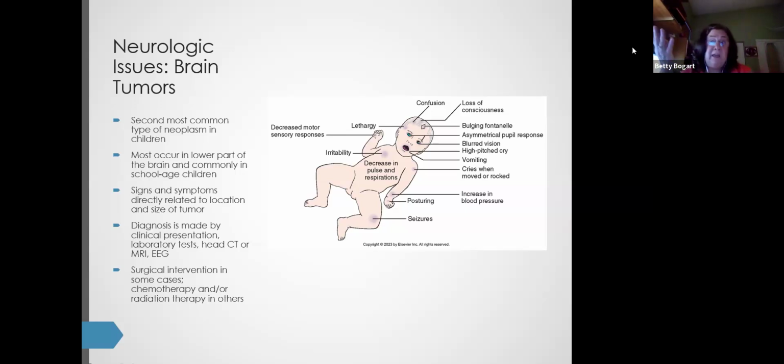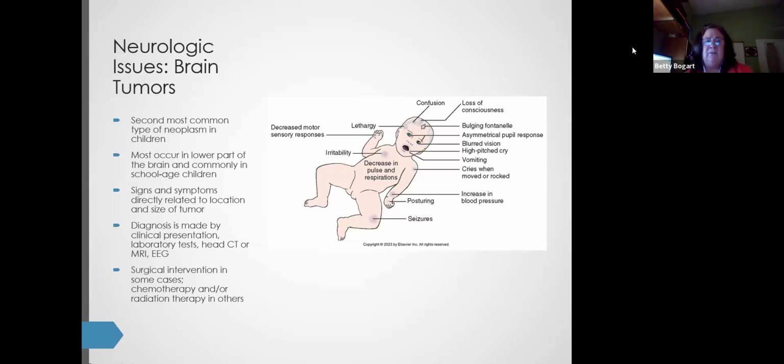Could be memory, speech, ambulation, heart rate, blood pressure, wherever it is, it's going to affect that type of thing. So, very important that we look at the child carefully and look at the symptoms, the signs. What are they showing you? And it can direct you almost to where that tumor could be.